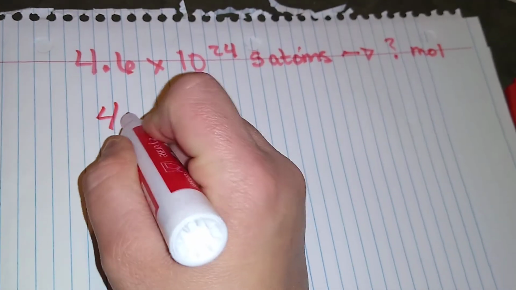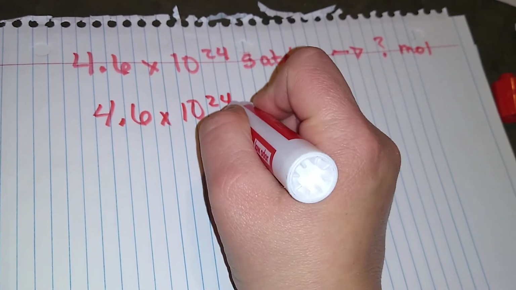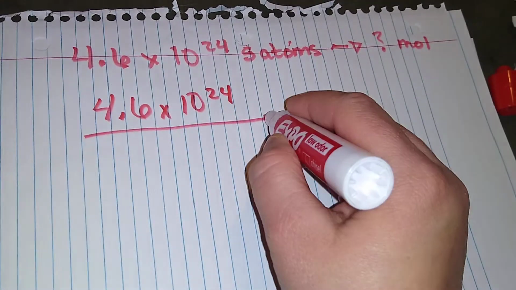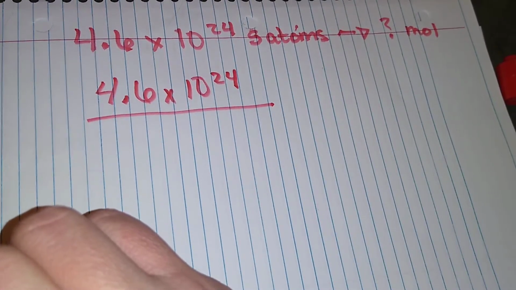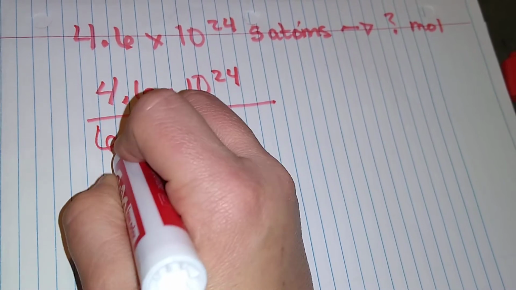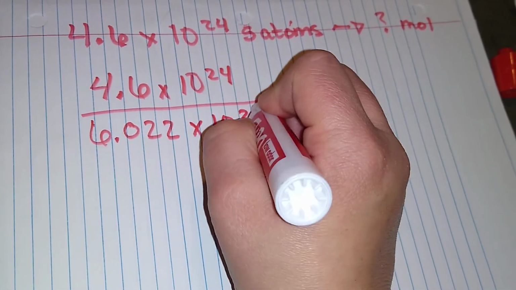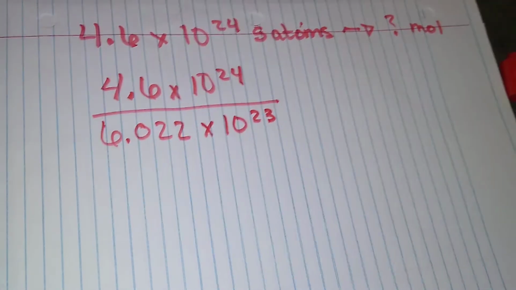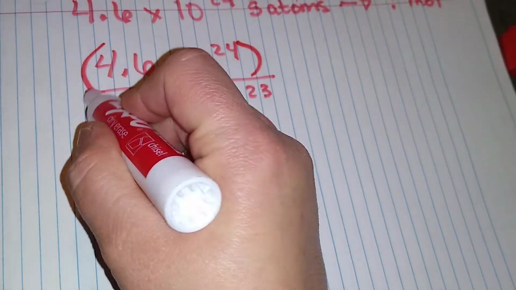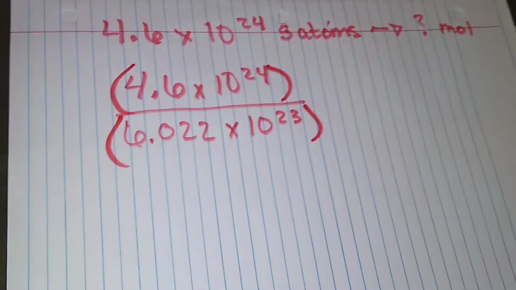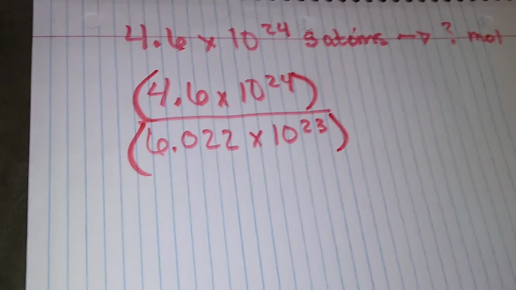So 4.6 times 10 to the 24th divided by, and our magic number for atoms, particles, units, stuff like that, is 6.022 times 10 to the 23rd. Now, it is extremely important that you put these in parentheses if you are not using a fancy calculator with an exponent button, because you will get the answer wrong.